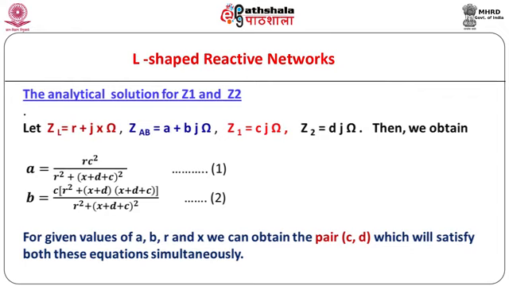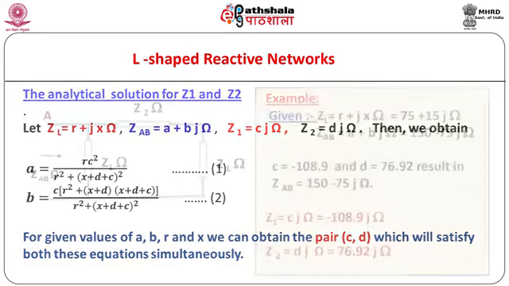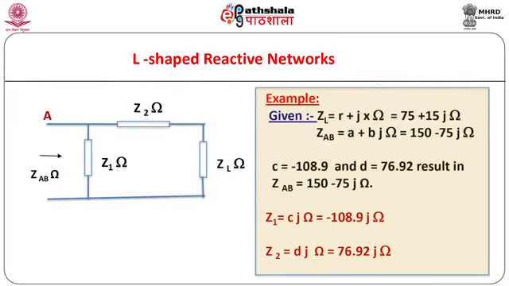For given values of A, B, R and X, we can obtain the pair of numbers C, D which will satisfy both these equations simultaneously. For example, consider the following circuit. Here C equal to minus 108.9 and D equal to 76.92 result in the desired impedance ZAB equal to 150 minus 75j ohm.